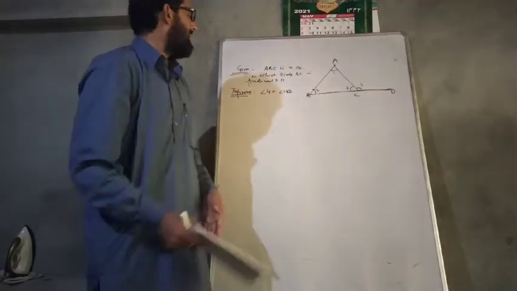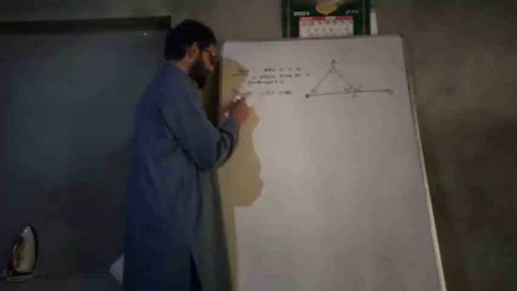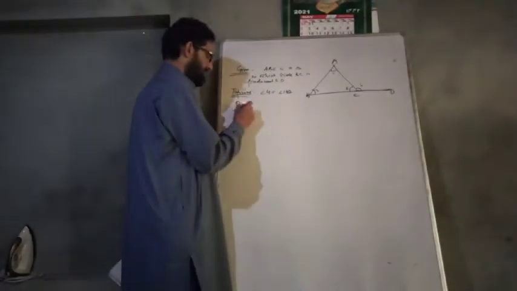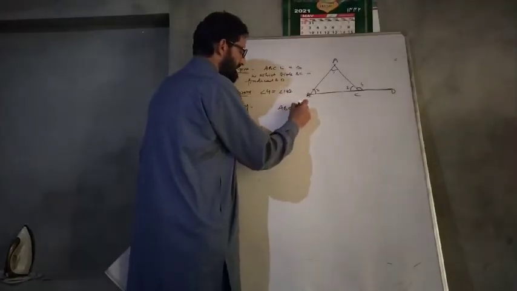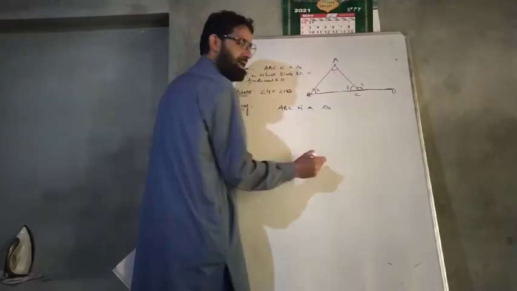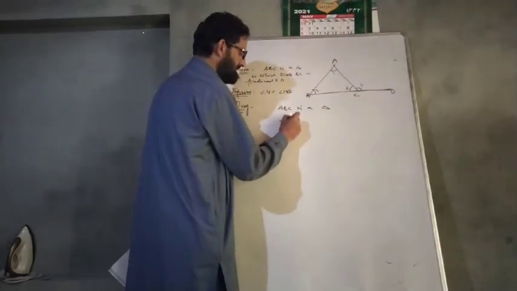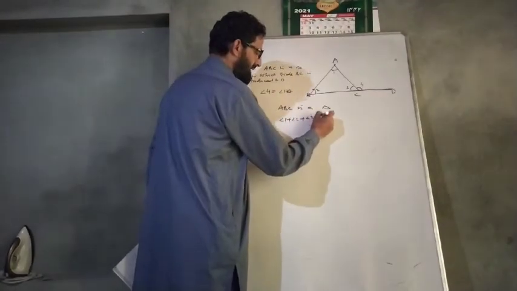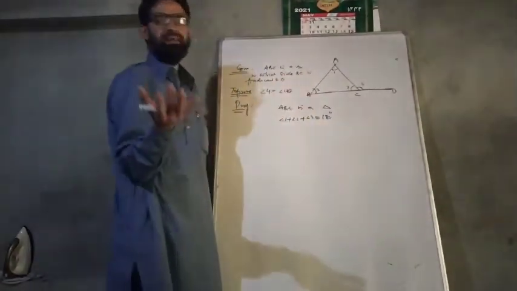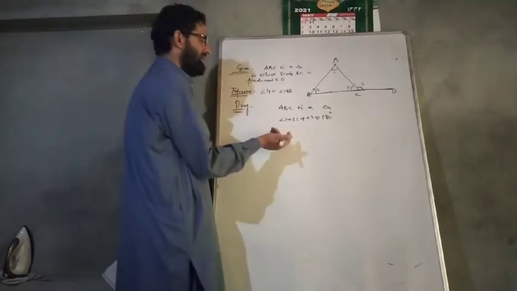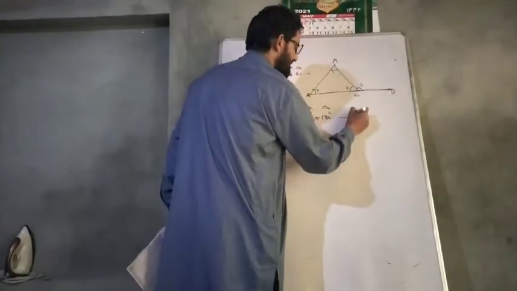Okay, now the proof. ABC is a triangle. We know that angle 1 plus angle 2 plus angle 3 is equal to 180. We have proved it: when ABC is a triangle, the sum of angles of a triangle is equal to 180. This is equation number first.